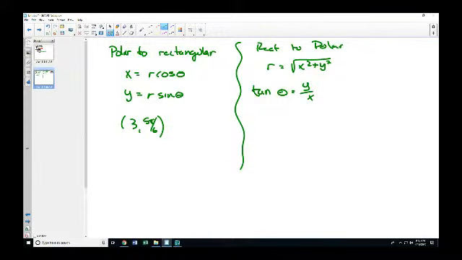Convert to rectangular coordinates. 5 pi over 6. Yep.